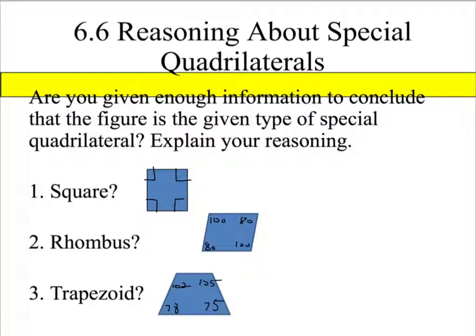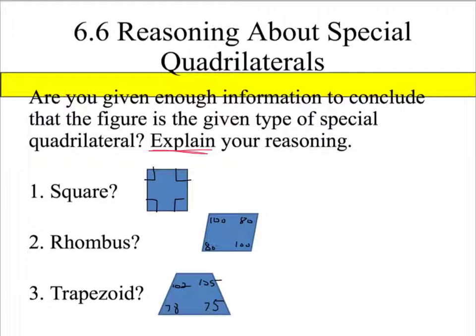Number 2, is that actually a rhombus? Give me yes or no and explain. Lastly, a trapezoid. Again, not just a yes or no, but also an explanation as to why you think it is one of those figures. Pause now and give this one a shot.